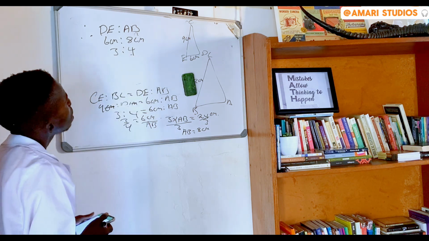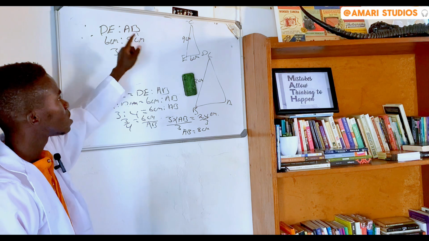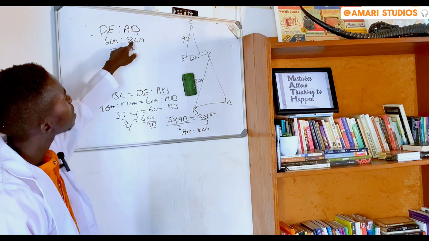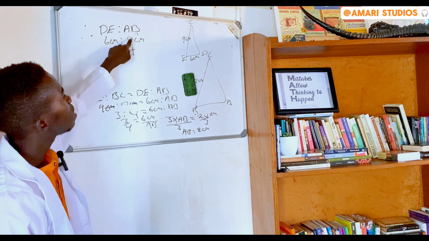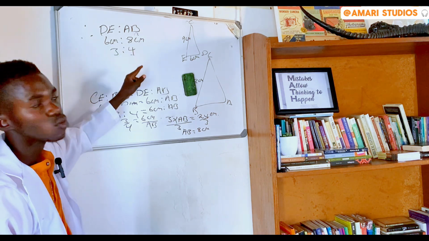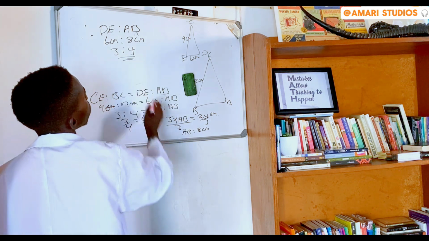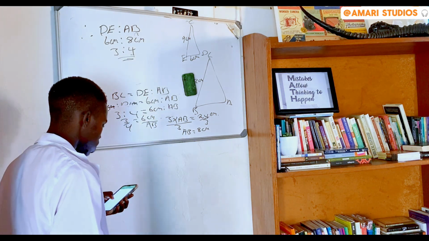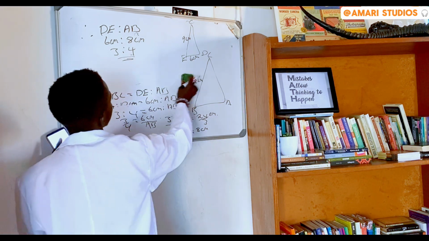How did we get 3 and 4? We looked for a common number between 6 and 8, and the common number between 6 and 8 is actually 2. So 6 divided by 2, you get 3. Then 8 divided by 2, you're going to get 4. So this is the ratio of DE to AB in its lowest term.